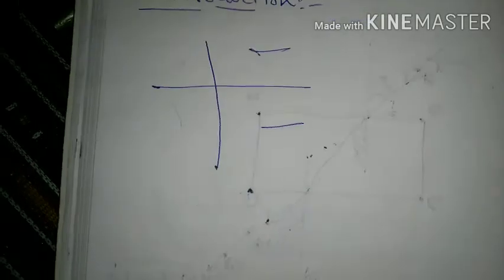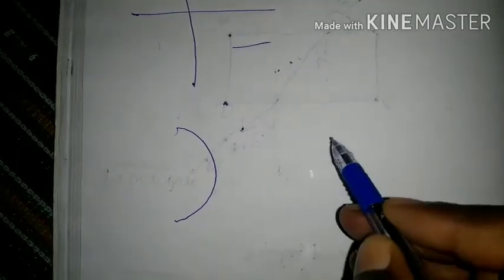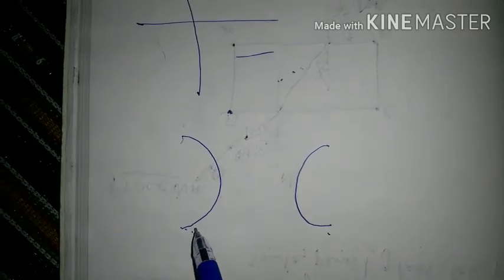Now let us understand refraction of light at curved surfaces. This is a curve. This is the first one and this is the second one. Here is the normal line.